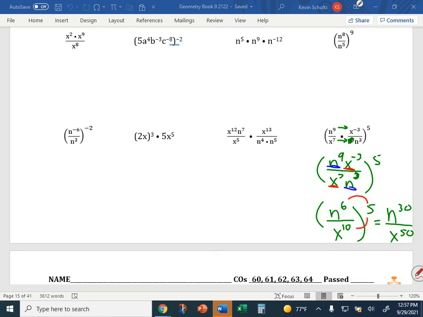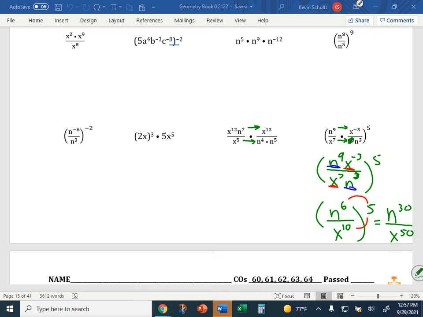Any 3 minutes left now. Any others you want to do? Drew? Why not? Again, multiplying fractions here. And whenever I multiply fractions with powers, I just like to put them all together. To me, it just makes it easier to see what I have. So I've got how many x's total in my numerator here?